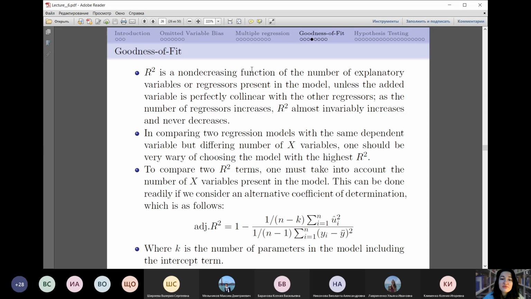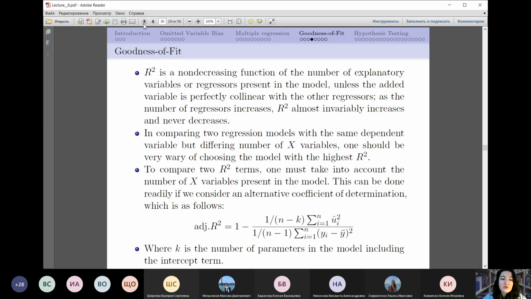This is the problem. It means that R squared could not be a very good indicator for multiple regression models, because in the general case, if you compare, for example, a simple regression model with a multiple regression model, R squared will be higher in the multiple regression model, even in the case when your additional variable is not appropriate, is not relevant to your true model.